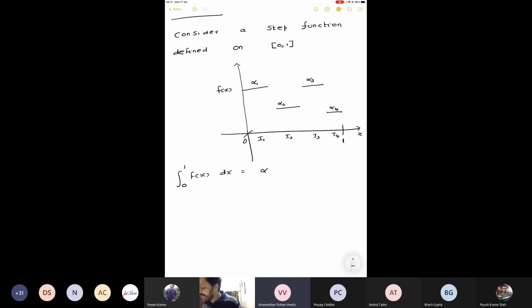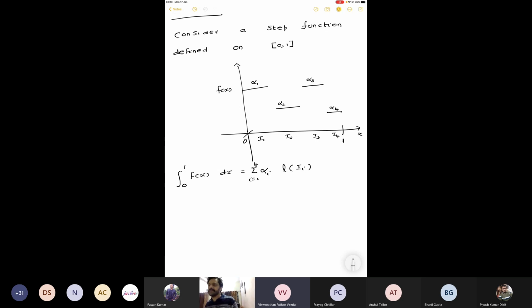So this is alpha i times length of I i, and you do it for each subinterval. This is what Riemann's integration is as far as a step function is concerned.